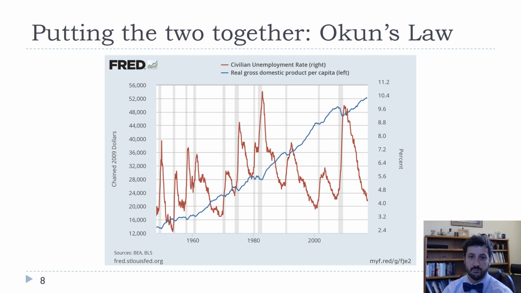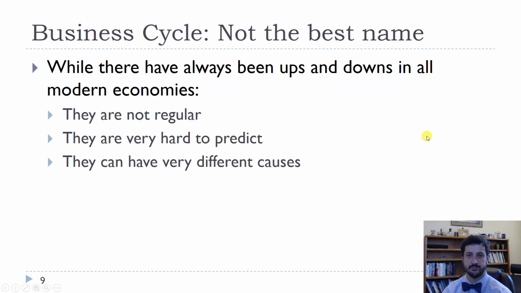And that's more true in some economies than others, but it tends to be a fairly stable relationship in most industrialized economies. Now, one thing that I want to make clear is that calling it the business cycle is not really the best term, right? It's not something that we can predict really well. It's not a regular cycle. And recessions can have different causes, right?